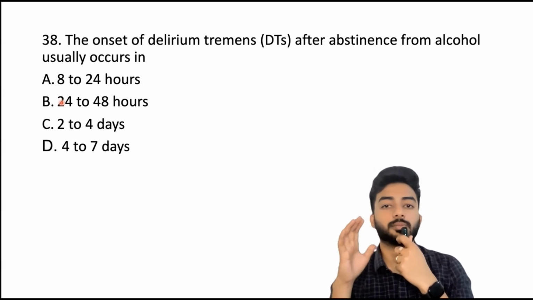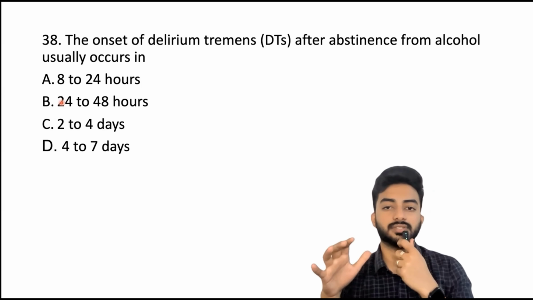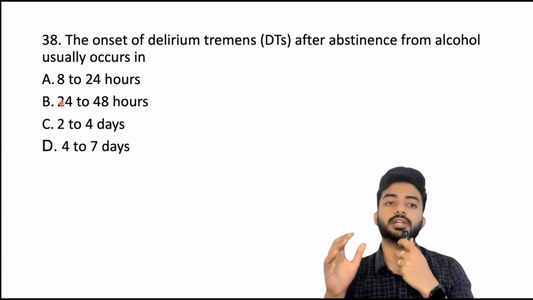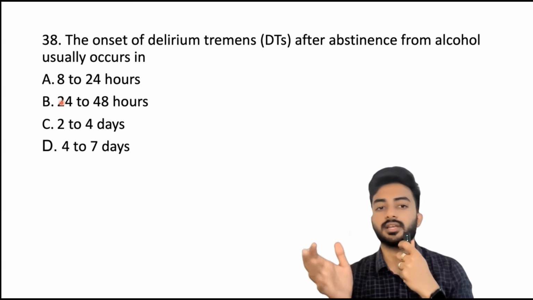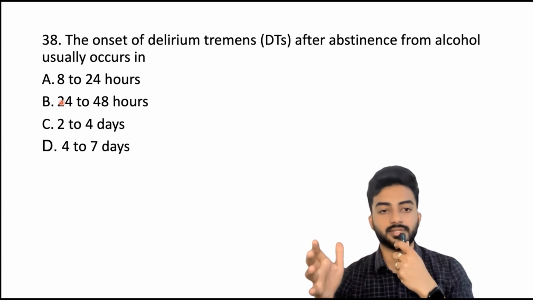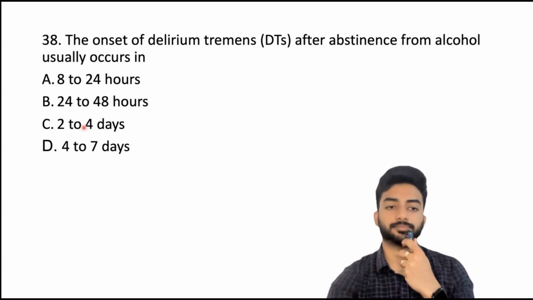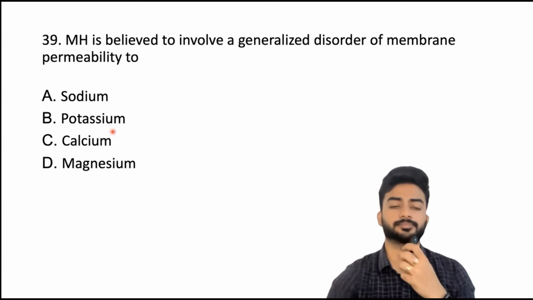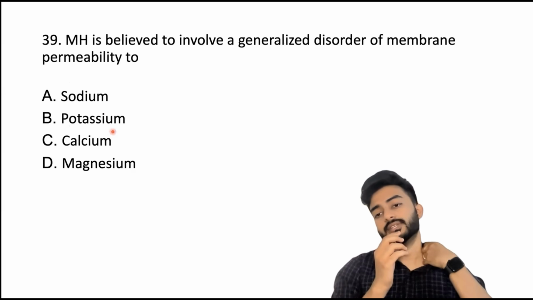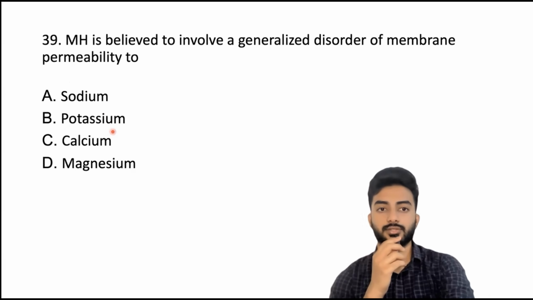They are not asking about normal tremors, mild tremors, which occur after abstinence of alcohol that usually starts after 6 hours, and mild tremors will be present on the first day. But they are asking about delirium tremens that will occur 2 to 4 days. Option C. Delirium tremens was a misnomer.